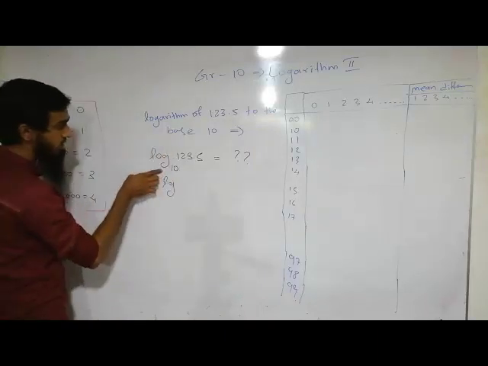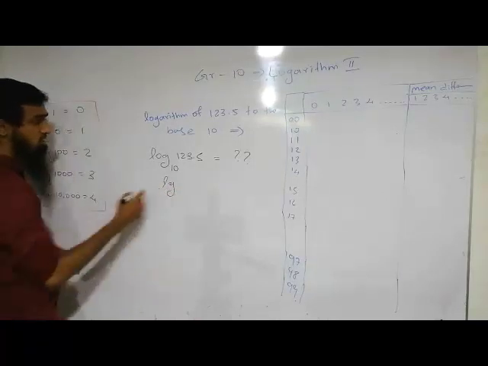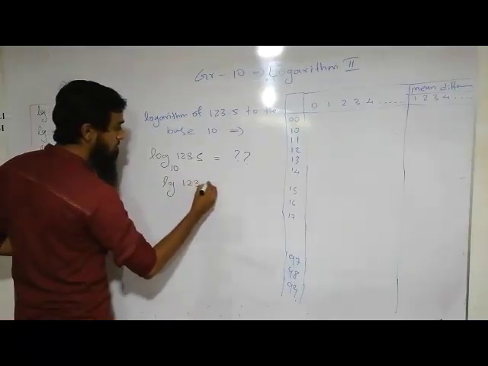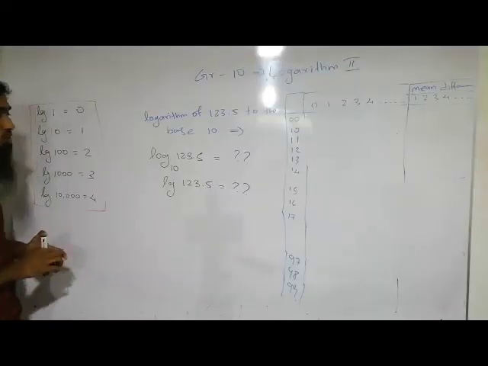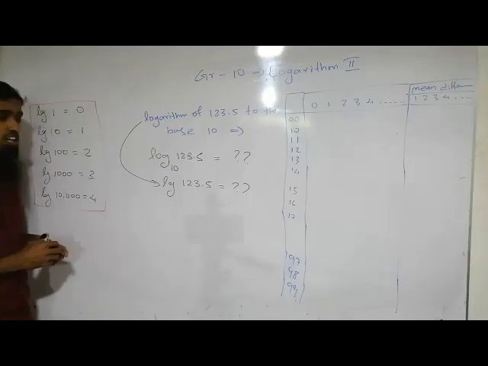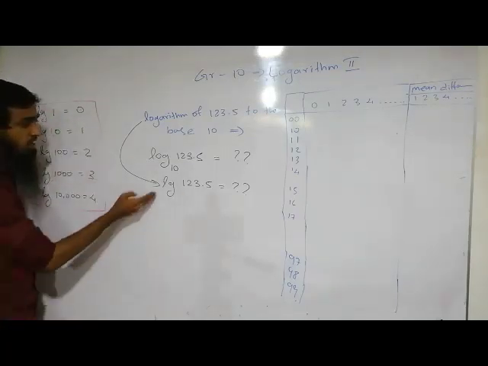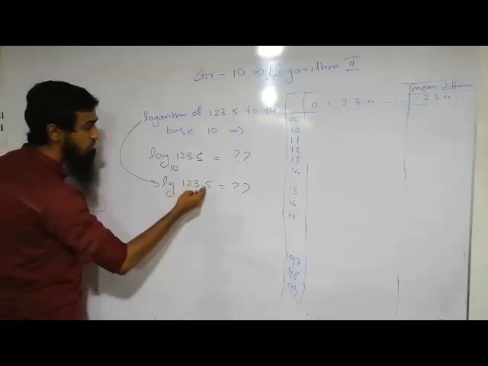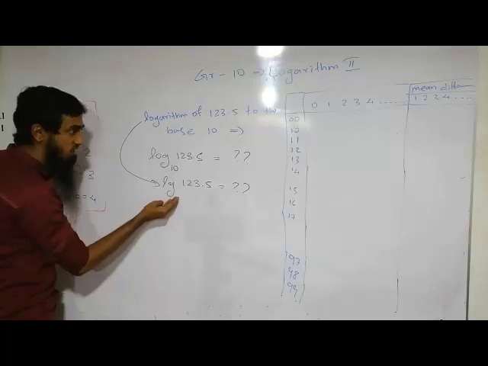The entire logarithm 10 we can simplify as LG. So LG 123.5. We are going to find the logarithm of 123.5. Now it is in a concise form. Read it: logarithm of 123.5, where LG means to the base 10.